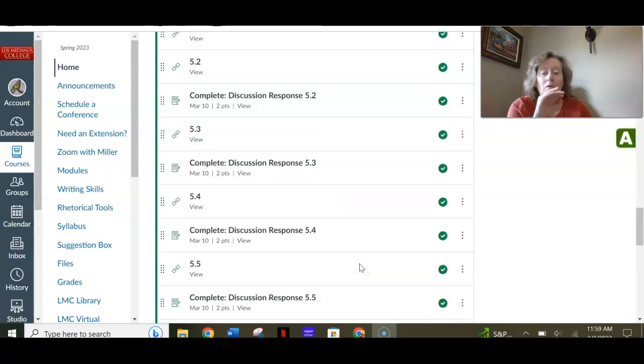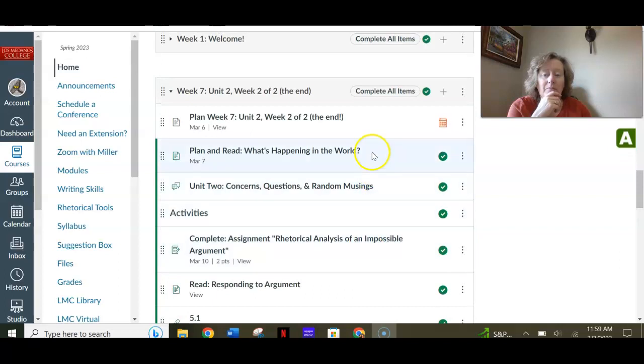All right, there's one more thing that is in the module here. And I put it at the very top so that you can see it. I want you to make sure that you read it and you begin thinking about what's happening in the world. So Unit 3, you'll find out more information next week, but Unit 3 is one of our bigger, more comprehensive units and focuses on a topic of your choosing that is currently happening somewhere in the world. Could be here in the US, could be in Canada, could be in Mexico, could be anywhere, Europe, Africa, Asia, Russia, wherever.